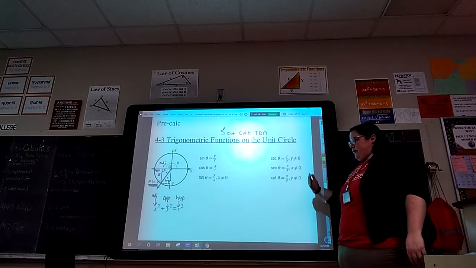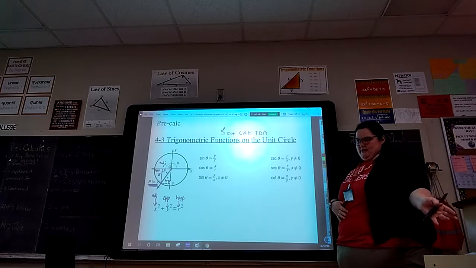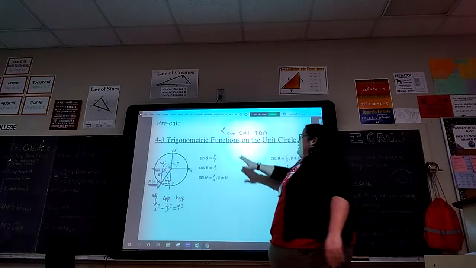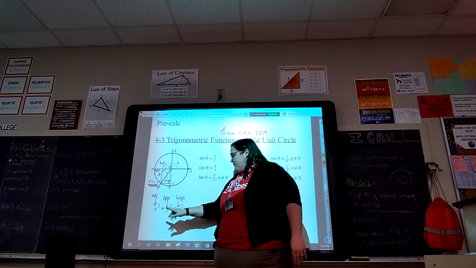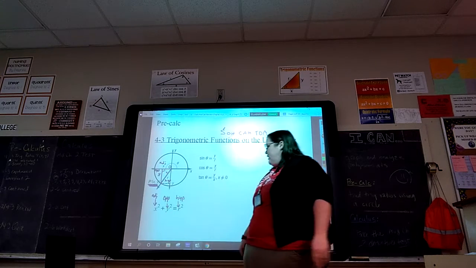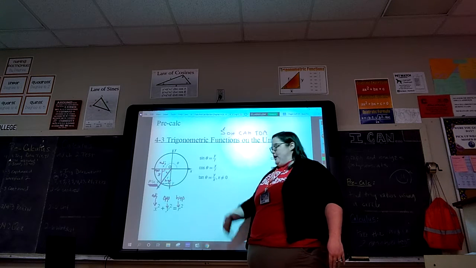So then we can write out our ratios now using x, y, and r instead of opposite, adjacent, and hypotenuse. So sine was typically opposite over hypotenuse. Well, opposite is now the y value, hypotenuse is the r value, so sine is y over r, or the y value over the radius.